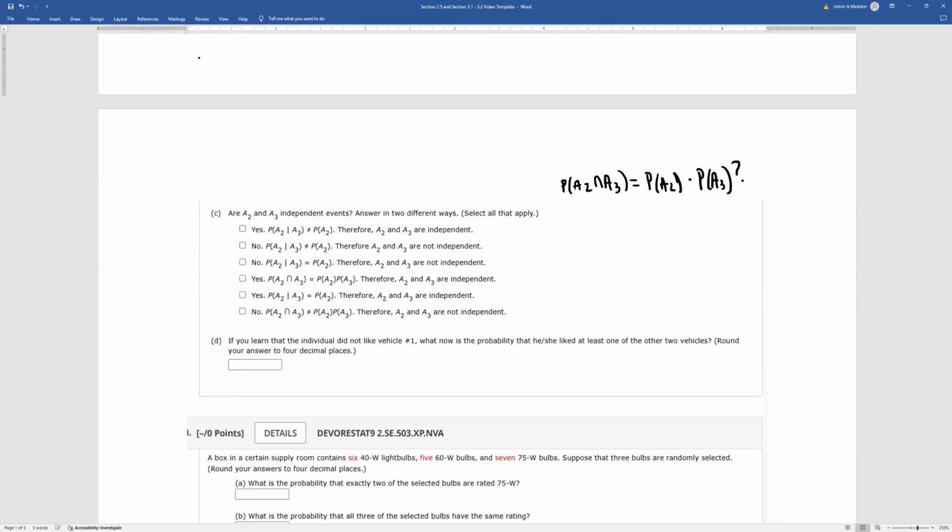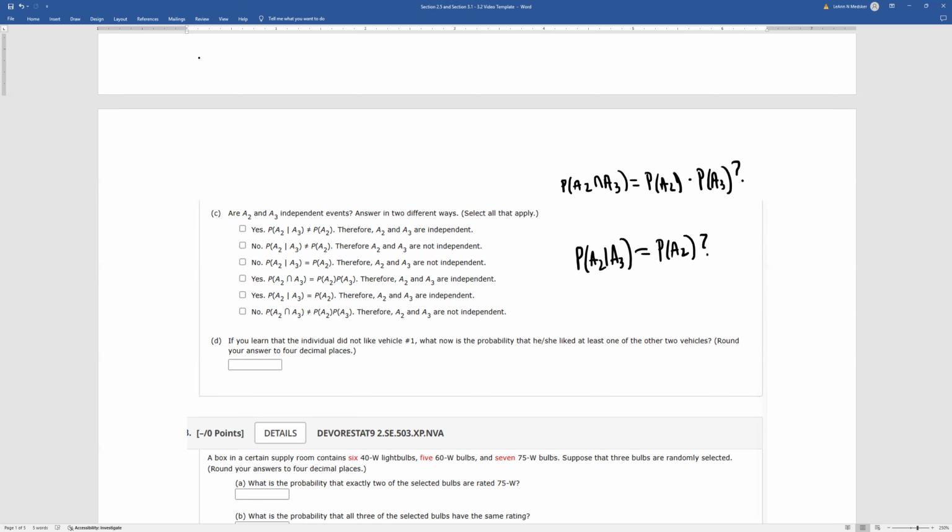So we're questioning this. The other thing we can check is a conditional probability. And it can go either way, but if you say A2 given A3, which is the one we just calculated, what we're saying is that it should still be the probability of A2, even if we didn't have the given condition. So if this is true, you're also independent. So they're saying it doesn't really change the probability of A2 by knowing that you were already someone who liked vehicle 3. So we're going to check both of these and see what we can agree upon on this.